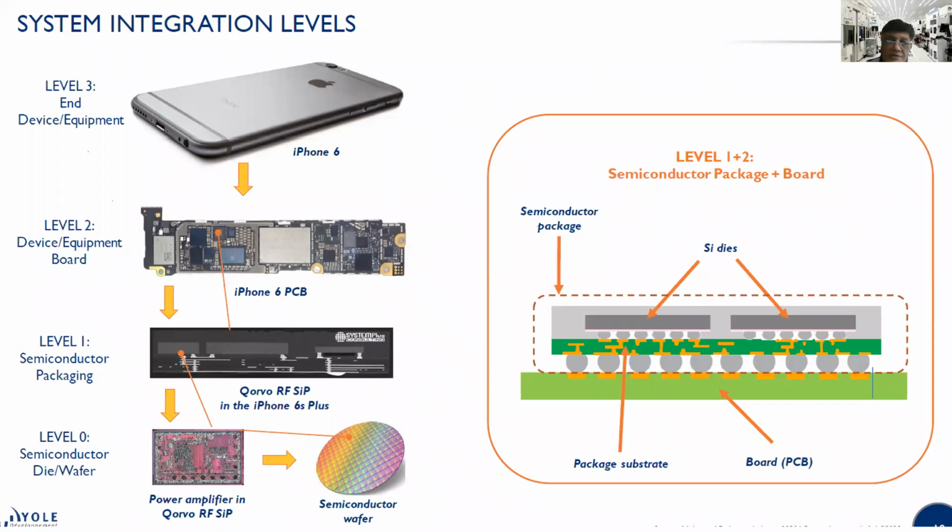In fact, it is moving to system on a package where multiple dies are coming on the same package, and a lot of functionality is being squeezed into that package. So a lot of what was being done by the EMS on a PCB is slowly coming into a system in package. And then a lot of what the semiconductor die is doing, that capability is also moving up. And this is what is creating the next generation of packages.